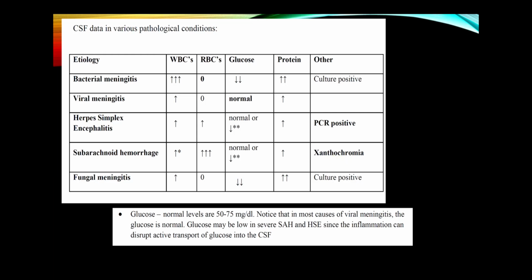Now, one other important thing to say about glucose when we look at lab results: glucose levels normally in the CSF are between 50 and 75, but remember, we still have to correlate CSF glucose with serum glucose. So let's say we have a patient with diabetes whose serum glucose is 500.